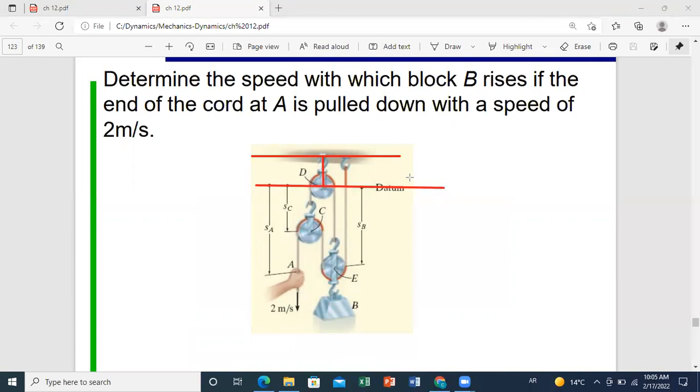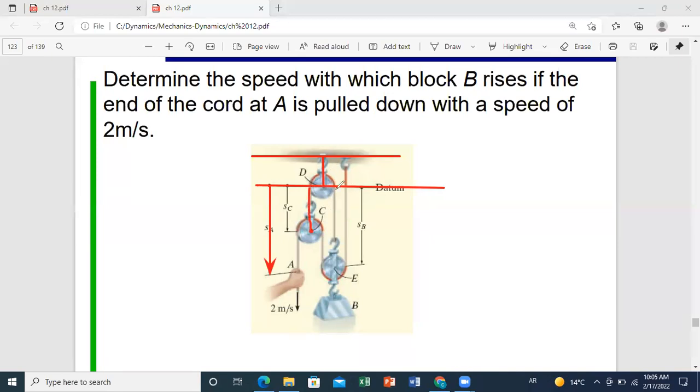So once I selected my reference line, I say that for point A, I need 1 coordinate to follow its motion. For pulley C, the center of pulley C is attached to the periphery of pulley D. And you know that this pulley is rotating.